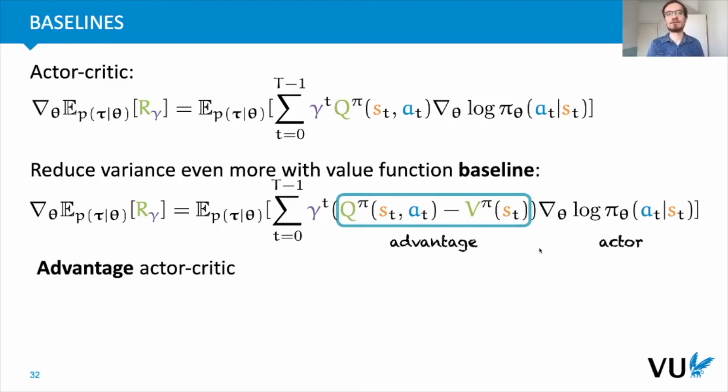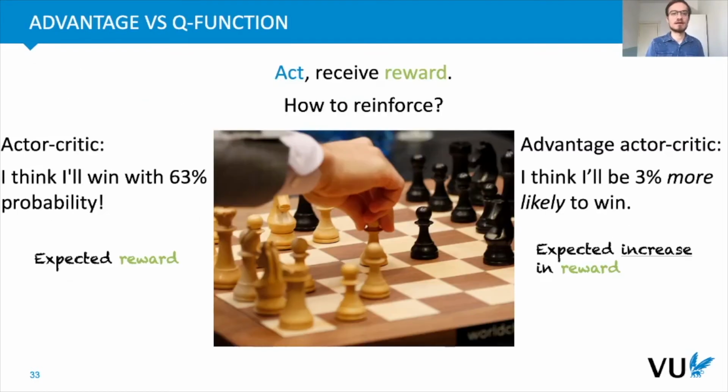I think most of the state-of-the-art methods use this advantage function in some shape or form. So it's a very important equation. So what's the difference of using this advantage instead of this Q function, or just this critic? In normal Actor-Critic we say, I think I'll win with 63% probability if I take this action.